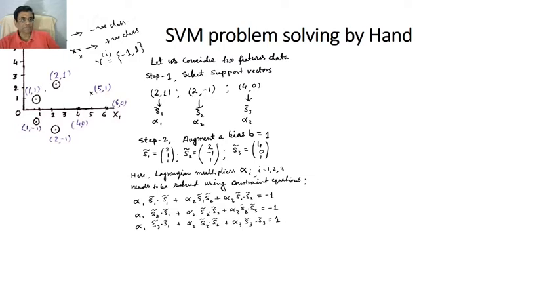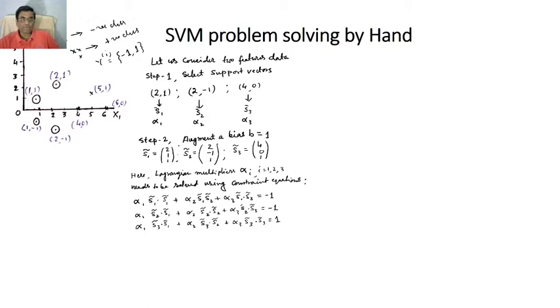That is, two samples belong to the negative class, and I see 4, 0 is another sample which belongs to the positive class, which are at the boundary. So I select them. Whoever is at the boundary is qualified to be selected as a support vector. First, I need to select support vectors, and I have judiciously selected 2, 1, 2, minus 1, 4, 0 as my support vectors. And each support vector has to be assigned a Lagrangian multiplier. They are respectively alpha 1, alpha 2, alpha 3, for example.